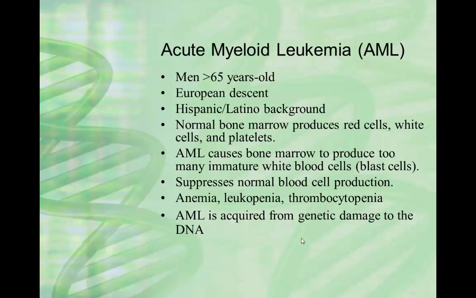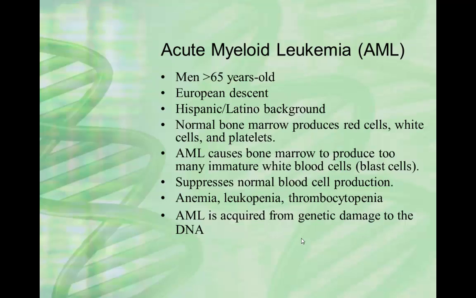AML has a number of subtypes that are distinguished from each other by morphology. You could see myeloid, myelomonocytic, monocytic, erythroid, and megakaryocytic. The incidence increases with age, and it is more common in males.